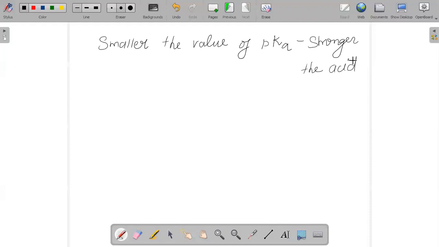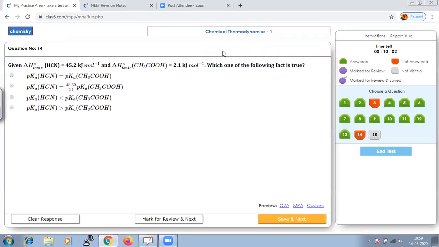So HCN is having the greater heat of ionization, and that means it should be a weak acid, and if it is a weak acid, its pKa value will be higher. So from the given option, pKa value of HCN is greater than pKa value of CH3COOH. I repeat, smaller the value of pKa, stronger will be the acid.